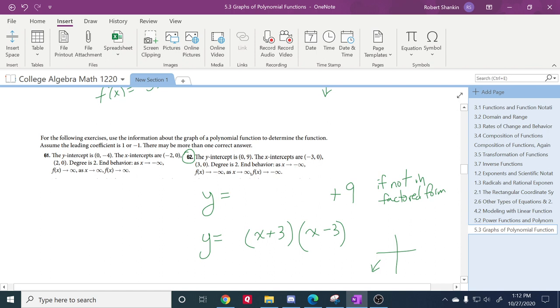And on the far right, you're also going down. So this tells me that this coefficient out here, if the leading coefficient was either 1 or -1, had to have been -1. We don't even have to write the 1, to make this a downward parabola. Right here.